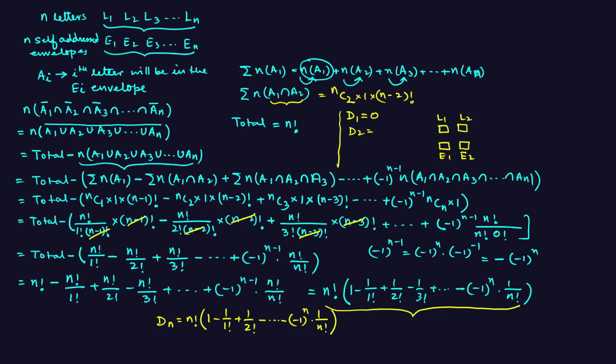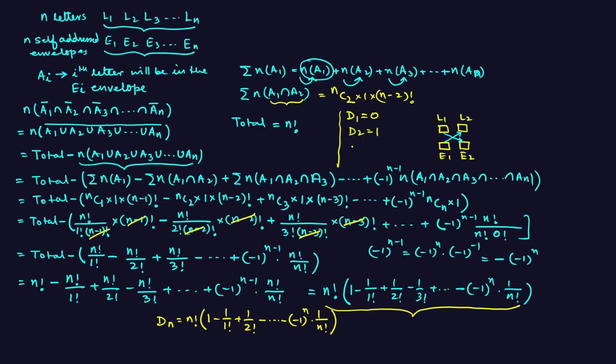Now in how many different ways can you derange these two letters? There is only one way. The way is your L1 is placed in E2 and L2 is placed in E1. That's it. So D2 will be nothing but 1 because there is only one way of deranging these two letters.